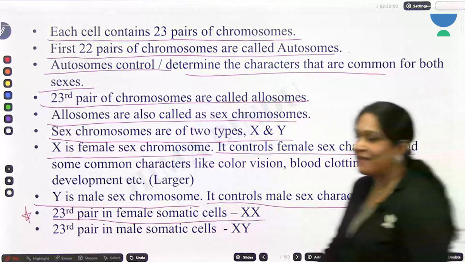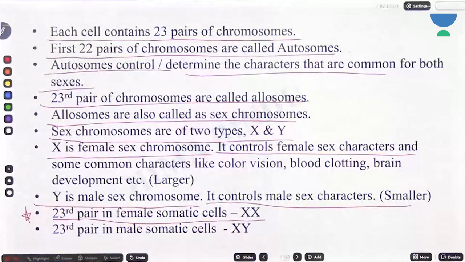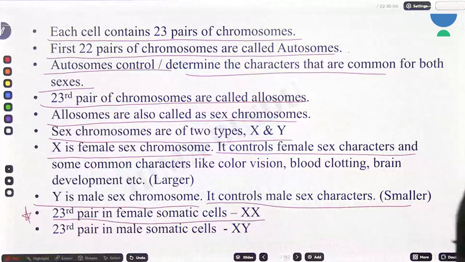So every cell which you have in the body, except egg and sperm, zygote, embryo, the cells which are going to make a baby, leaving them, all remaining cells are called somatic cells. Is it clear? Egg, sperm, zygote, embryo, the cells that become the baby, are called germ cells.